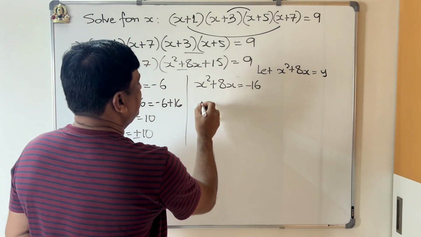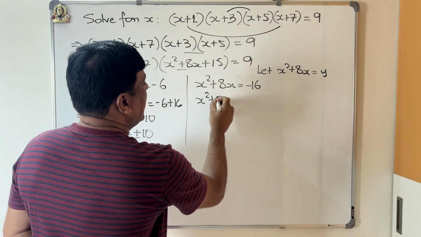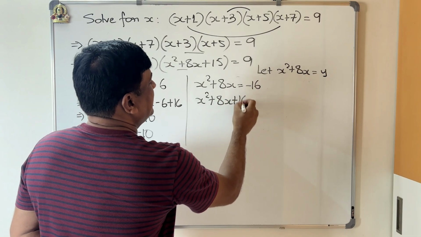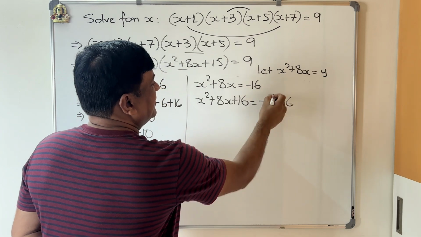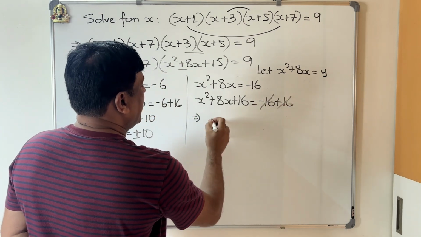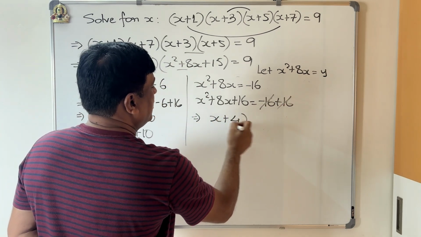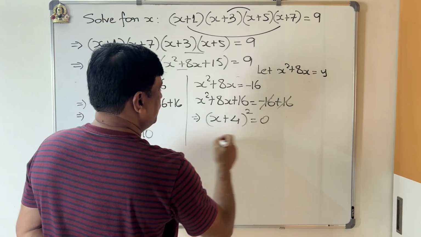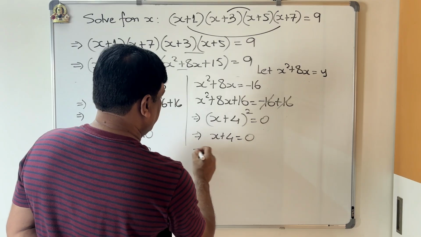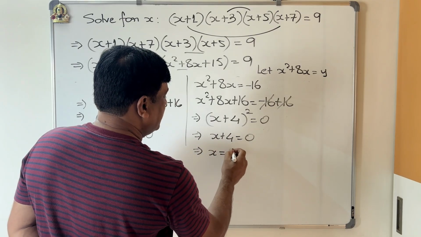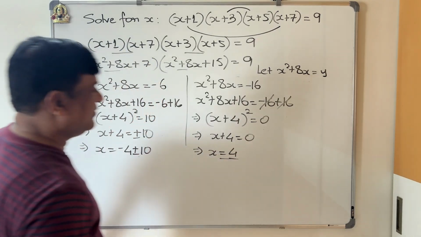And here we are going to do the same thing: x square plus 8x plus 16 equal to minus 16 plus 16. This gets cancelled out, so you get (x+4) whole square equal to 0. So x plus 4 is equal to 0, and you get x is equal to minus 4. That is one of the solutions.